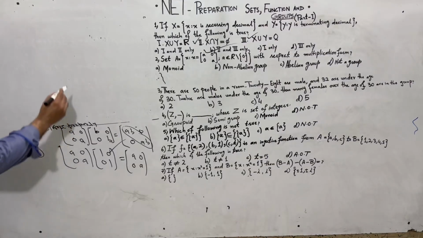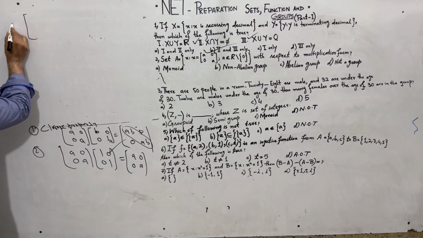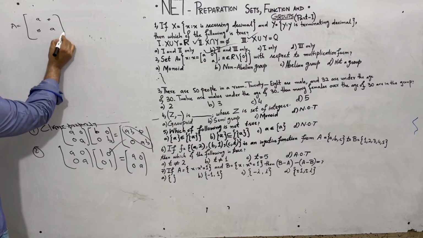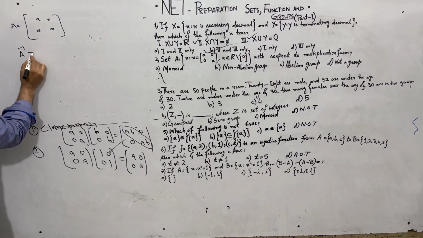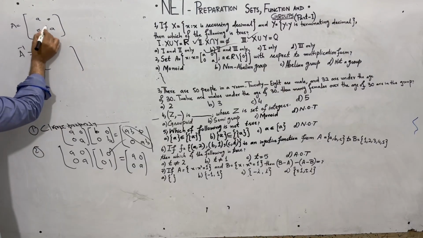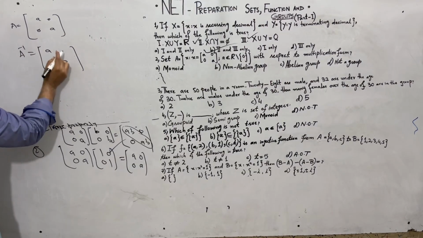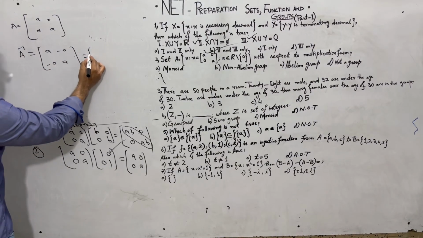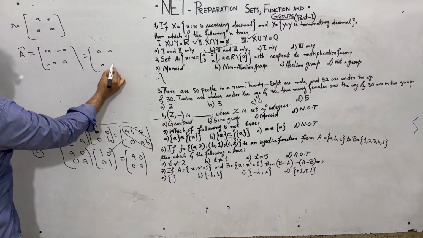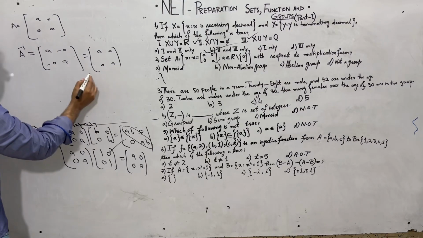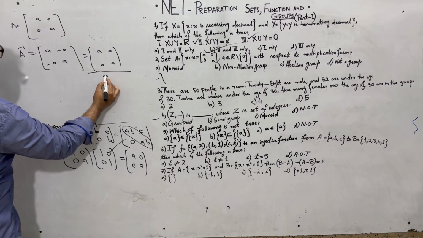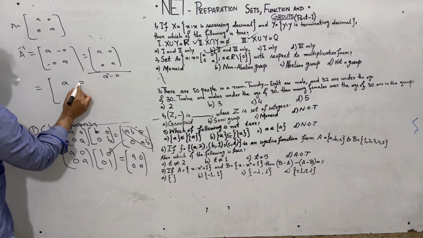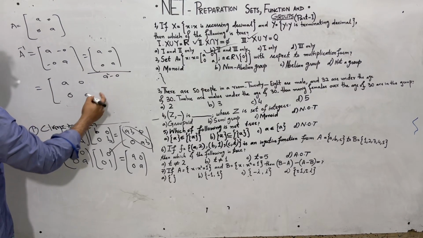Okay, what about inverse? Let's find the inverse of this. Suppose it is A 0, 0 A. What is the inverse of a 2 by 2 matrix? Change the positions of the diagonal entries, and change the sign of the other two, which is also the same. We get A 0, 0 A divided by the determinant, that is A into A squared minus 0. So we have A 0, 0 A divided by A squared.